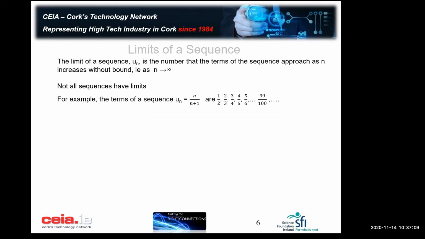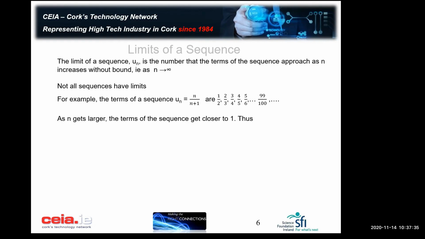For example, you have a sequence here which is u of n is equal to n over n plus 1. The terms of the sequence are 1/2, 2/3, 3/4, 4/5, 5/6. You can see it started at 1/2, but it's now up to 99 hundredths. You're getting very close to the value of 1. So that's how a sequence changes.